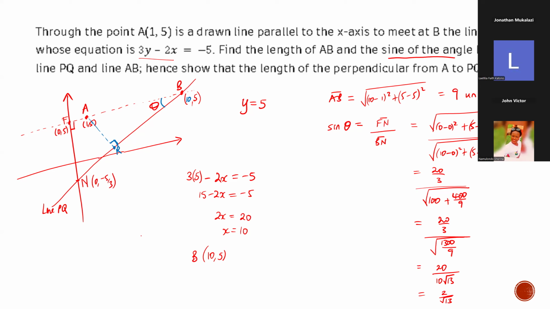AR is the minimum distance of the point A from the line PQ. So we could use the formula for minimum distance. The length AR is actually the minimum distance of A from PQ.